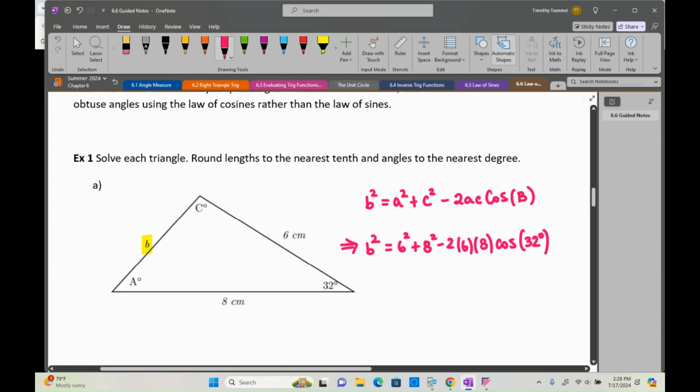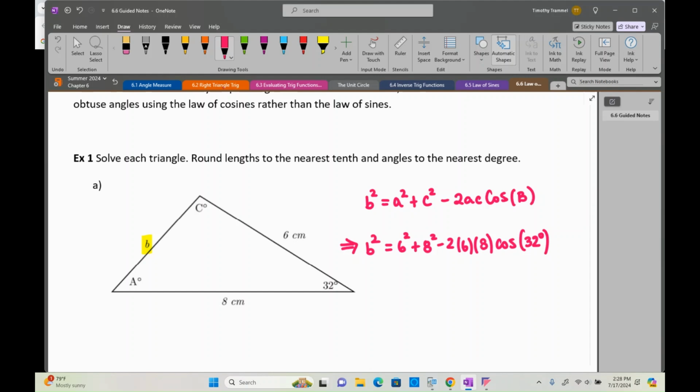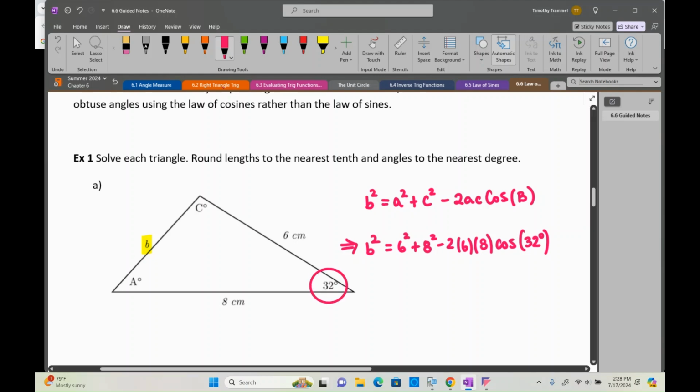And I do want to point out we could not have used law of sines here because we don't have a matching pair. And what I mean by matching pair is for the one angle we don't know its corresponding side. And for the two sides that we don't know their corresponding angles. Okay.